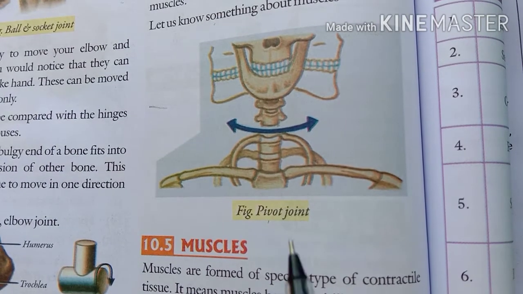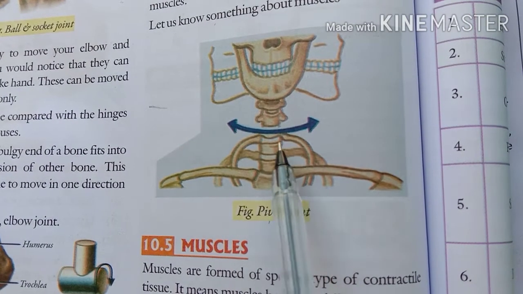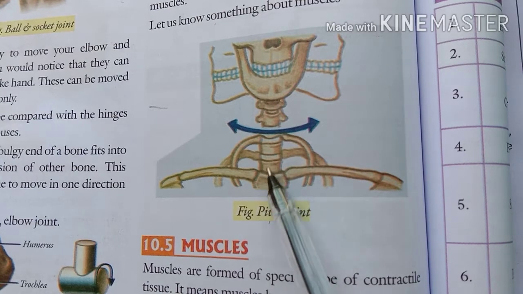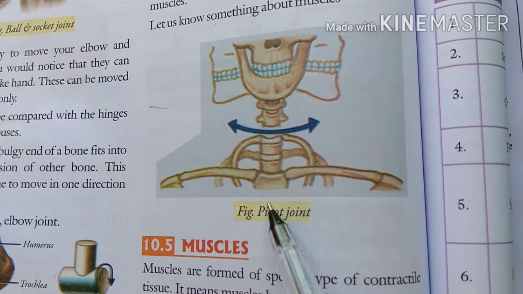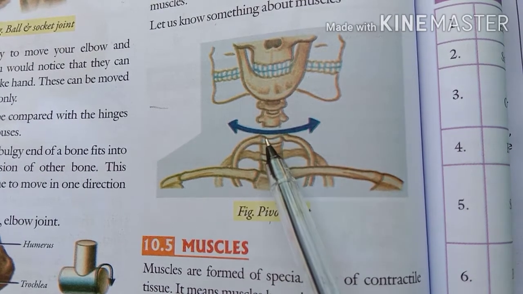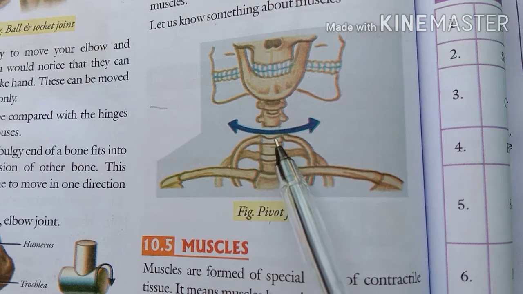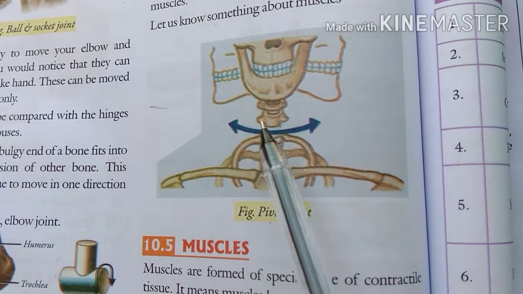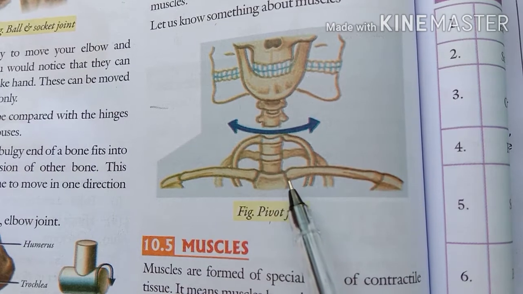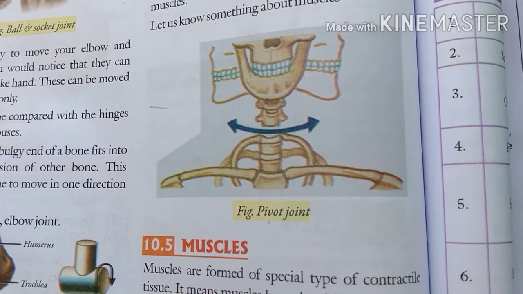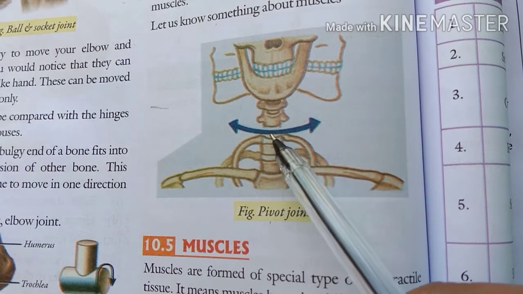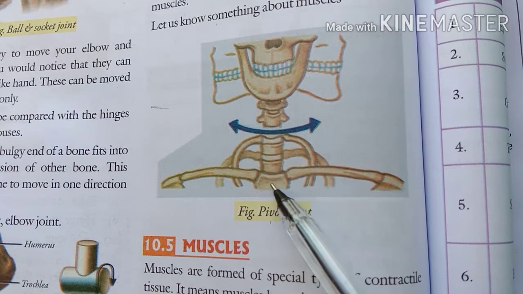The backbone starts from the neck and skull part, means it's a pivot joint, and behind this pivot joint it is backbone, means the starting point of the backbone is where the skull and the neck bone are joined.